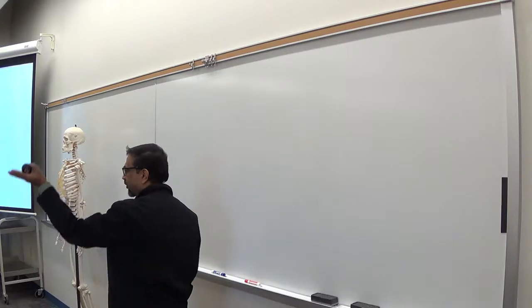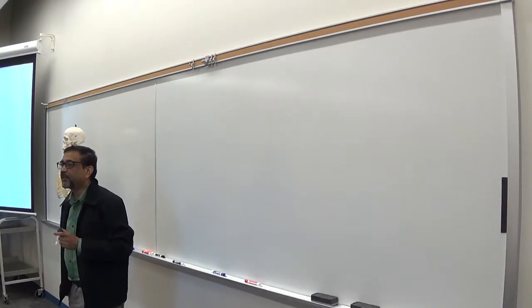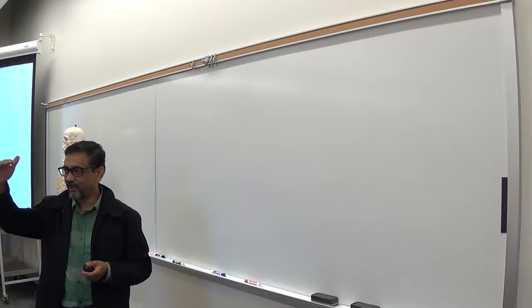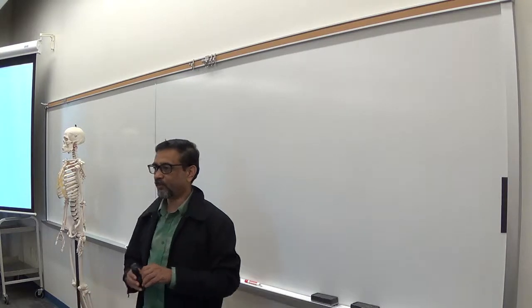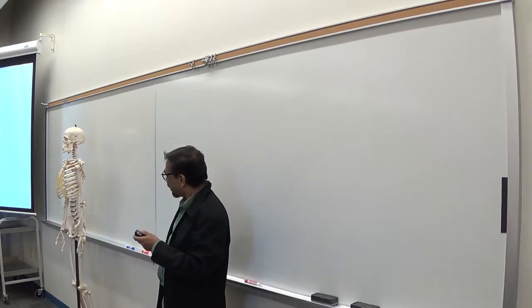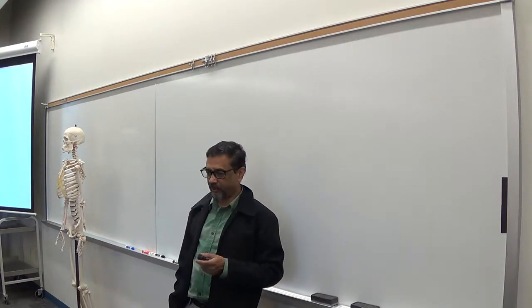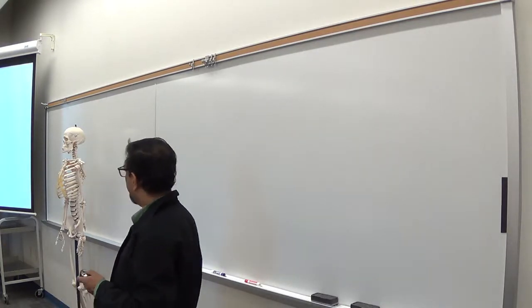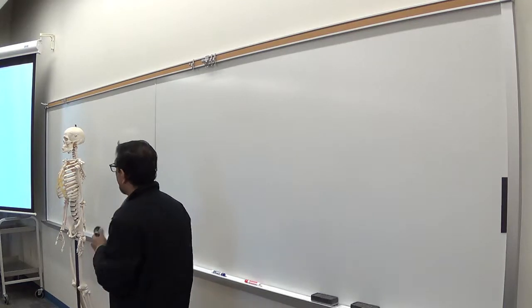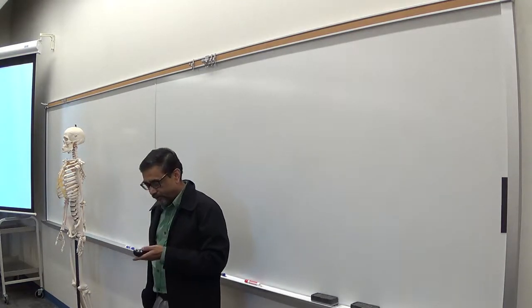One step higher is the tissue. You know, chemical, then cellular, then tissue, right? So today we will talk about the tissue. There are 4 different types of tissues in the human body: epithelial tissue, connective tissue, nervous tissue, and muscle tissue.